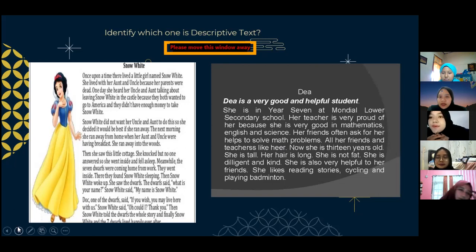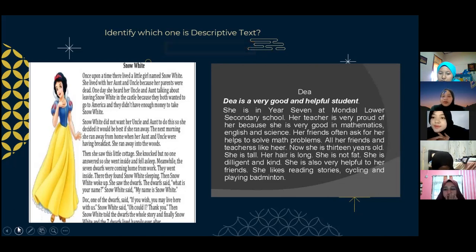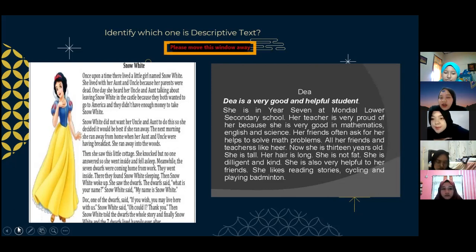It tells about her intelligence, right? Yes. Her friends often ask for her help to solve math problems. All her friends and teachers like her. She is 13 years old. It tells the information about her age. Okay, good.